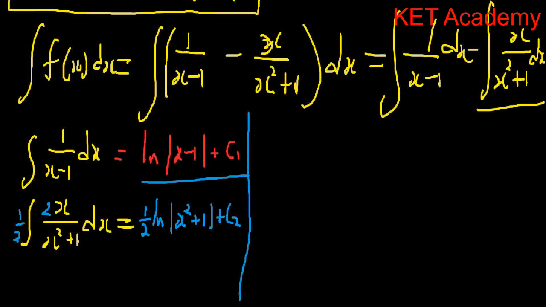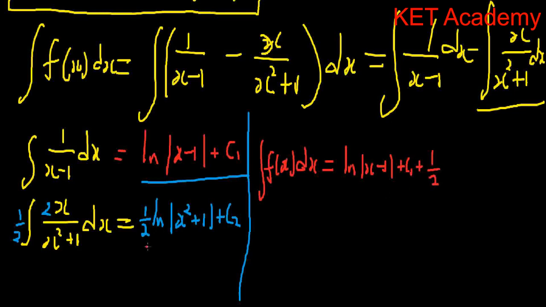So I have to combine our answers now. Combining them, the integral of f of x dx will be equal to ln of the absolute value of x minus 1, plus c1, plus half the ln of the absolute value of x squared plus 1, plus c2.